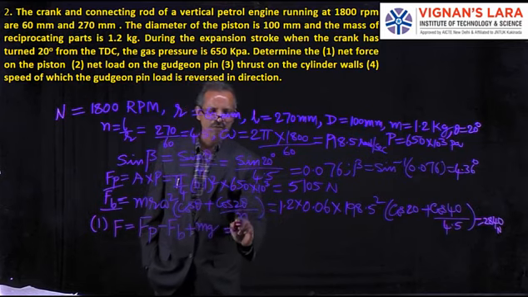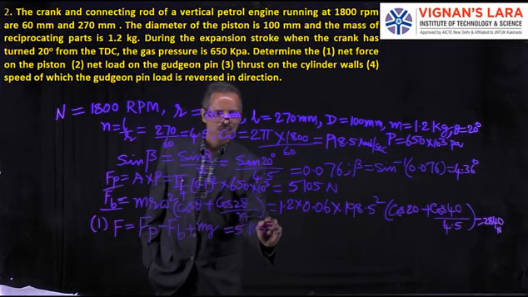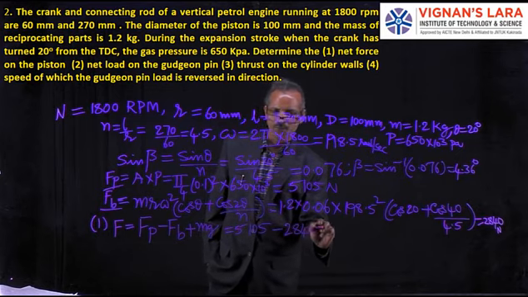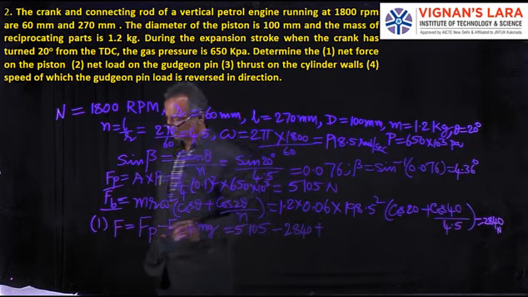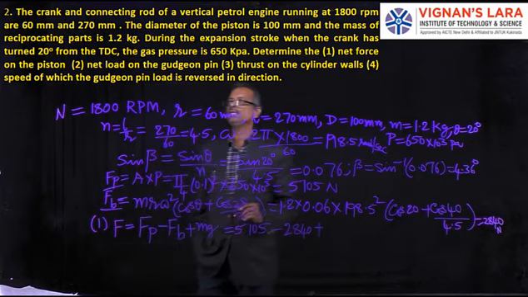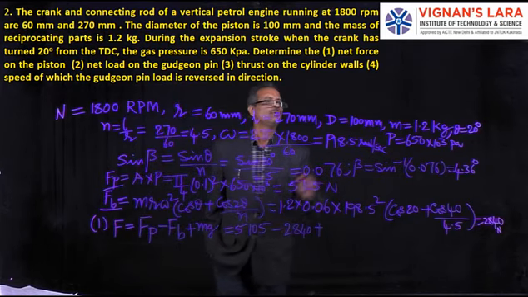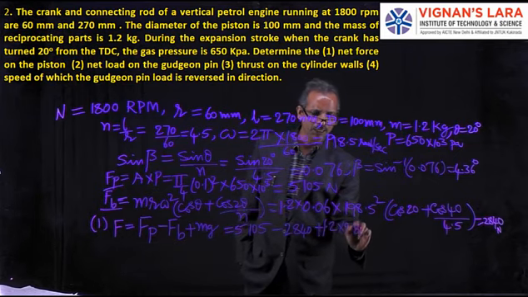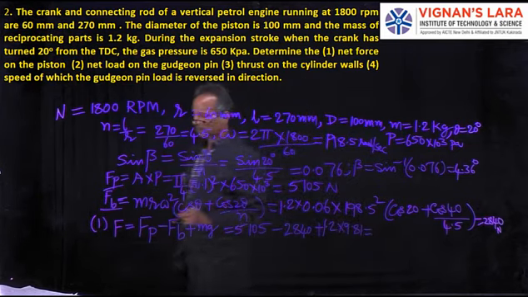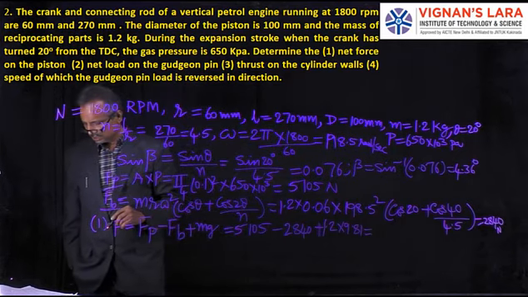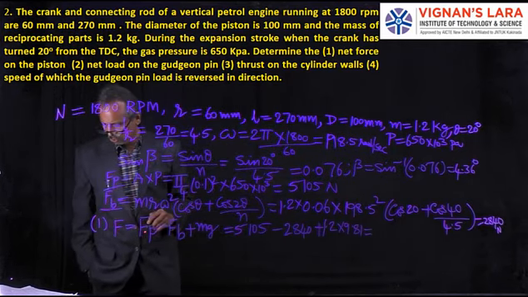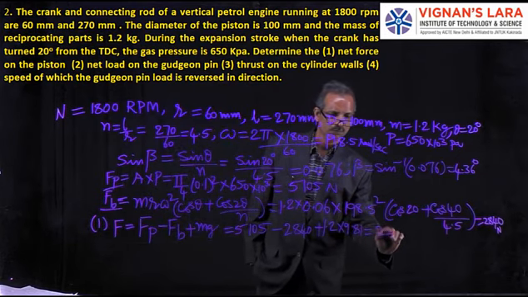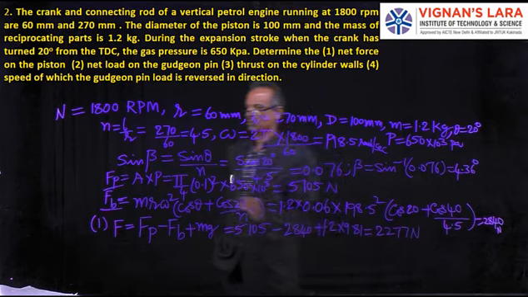Fp is 5105, Fb is 2840, and mg, what is the mass given? 1.2 kg into 9.81. So that gives the value of F, which is 2277 Newton. That is the first part.